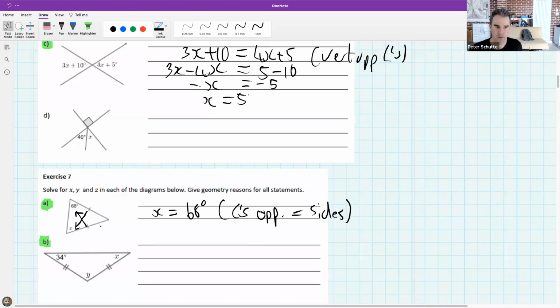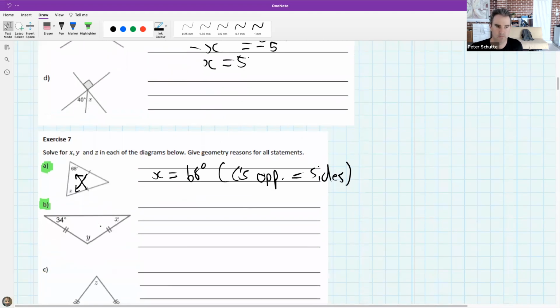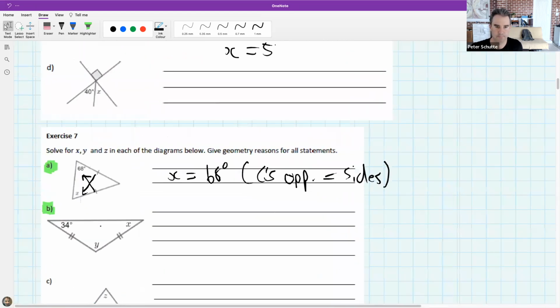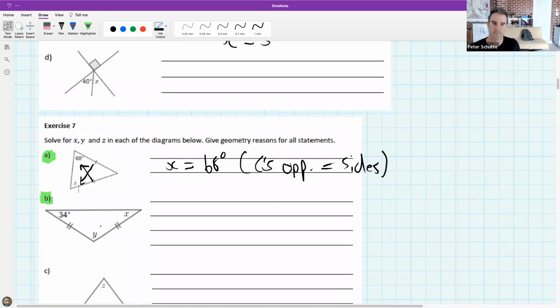Let's see if we can do X and Y here. Who would like to come on and share their thinking? Oh, I like the answers I'm seeing in the chat. Let's go to Faith.